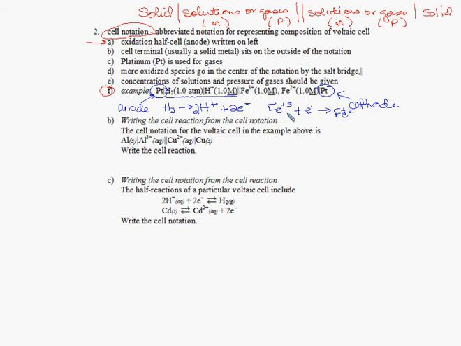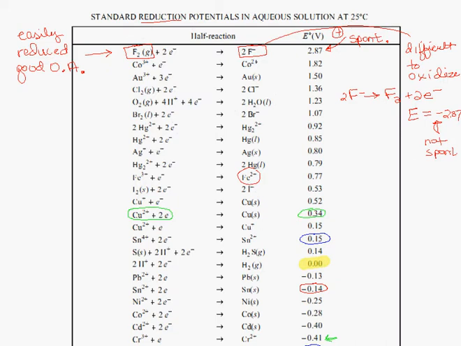We also did not select iron as our cathode, and we didn't select iron as our cathode for a very simple reason. If you go over to our table of reduction potentials, you can see that iron has a very nice positive voltage for iron 3 turning into iron 2.